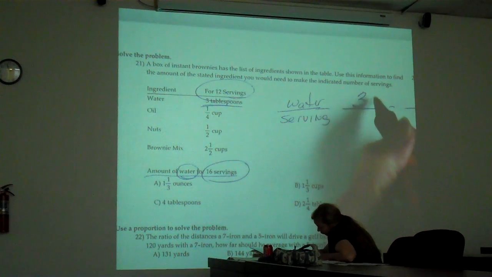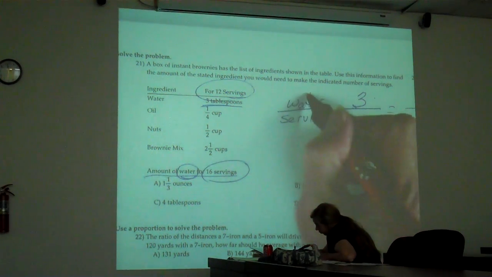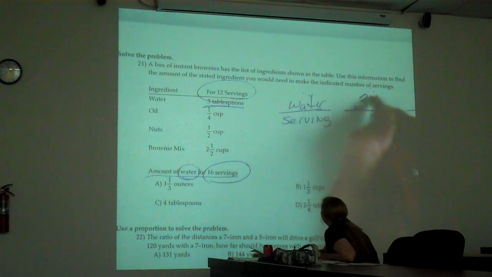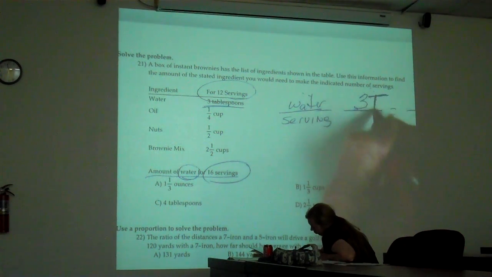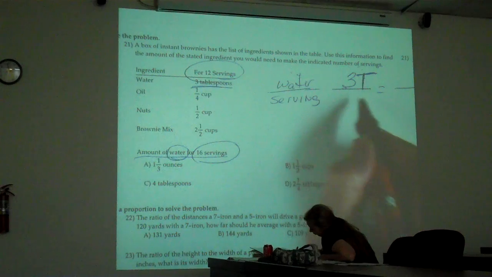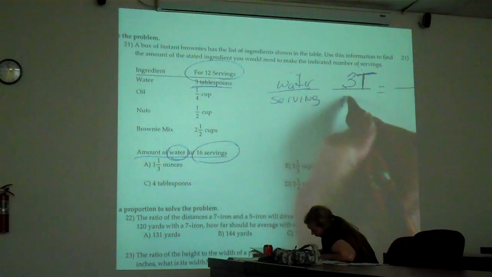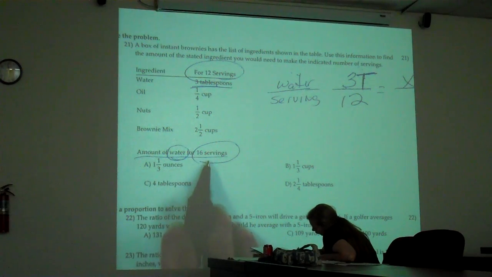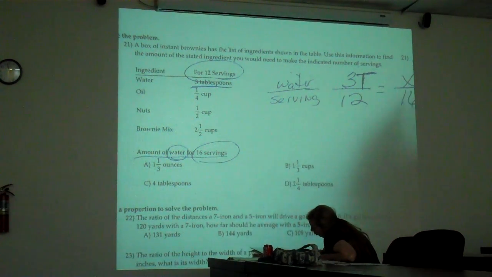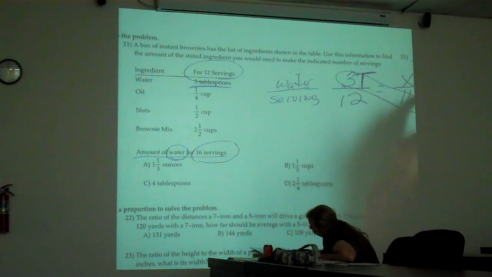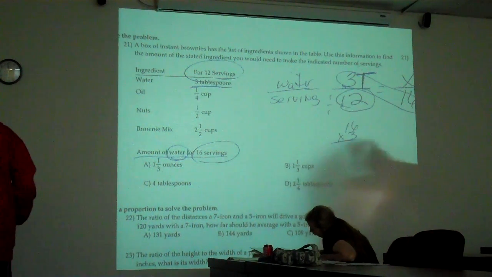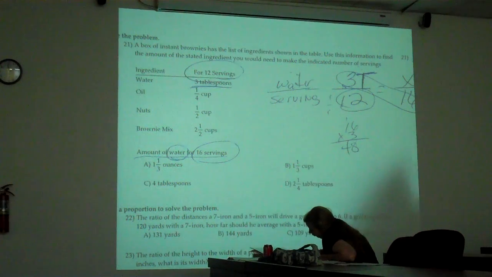You either need to put tablespoons here or over here, so you'll know that it's going to be in tablespoons. You put big T if that'll help, 3 tablespoons for 12 servings. So how much water for 16 servings? 16 times 3 divided by 12. 16 times 3 is 48.